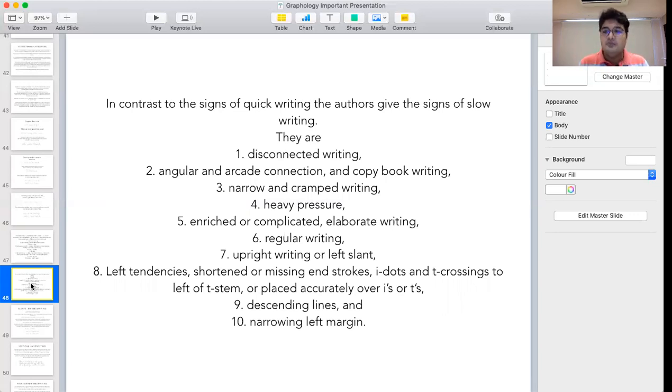These are a couple of examples that I'm sharing with you of slow writing. All right.